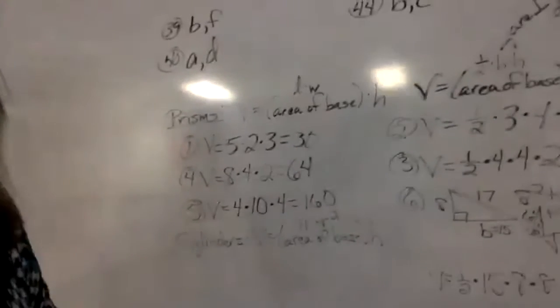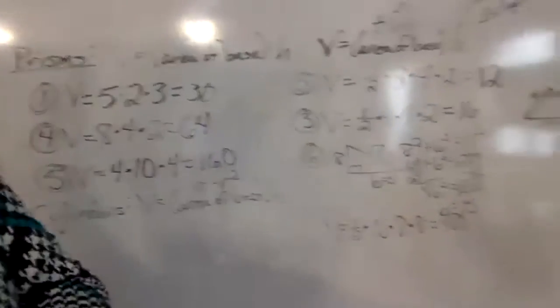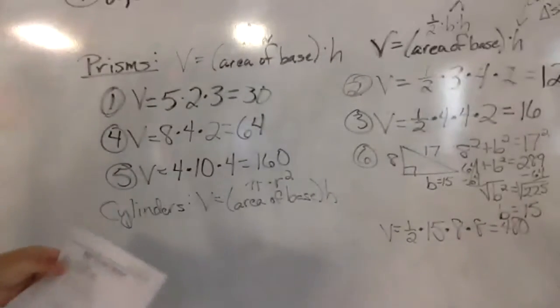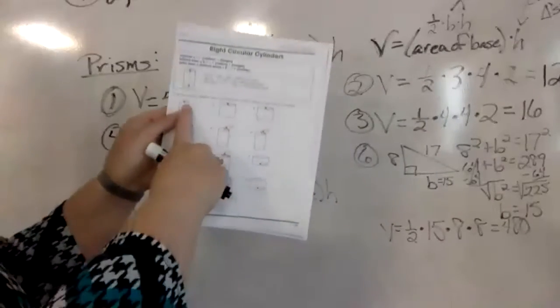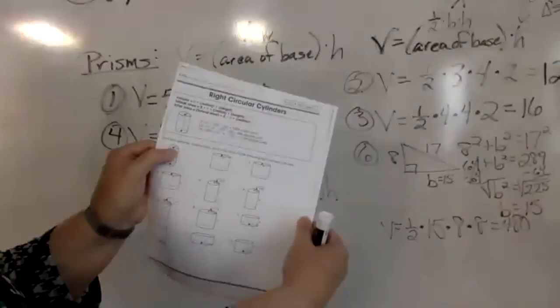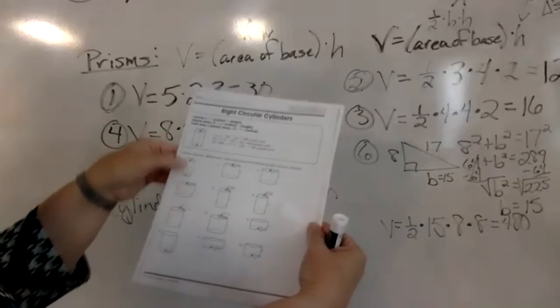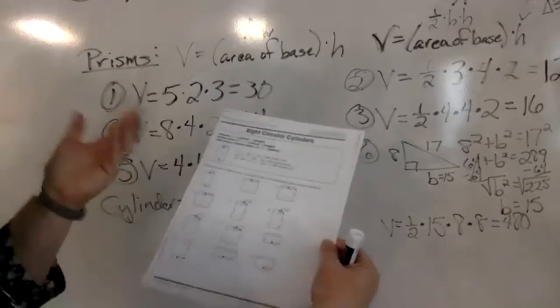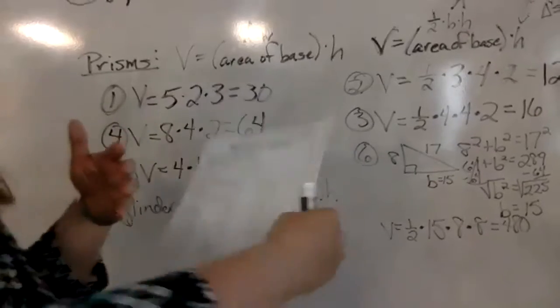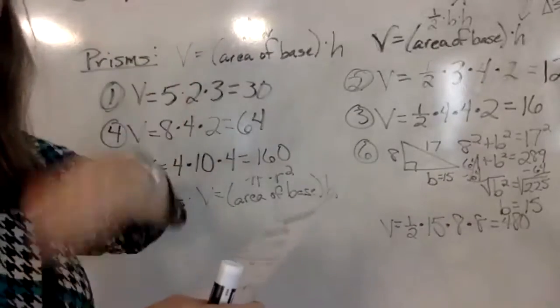That's something everybody should know by now. So if you look at your picture, do they give you the radius? Yes. And then this long one connecting the two circles together is going to be your height. Your height in the prism or the cylinder is what connects the bases together.